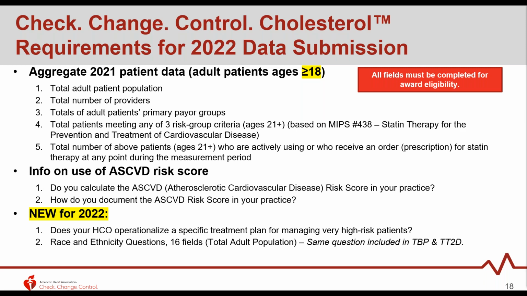So the first few bullet points there are the same as for Target BP, and then those additional ones focus specifically on cholesterol for the risk group criteria and prescriptions for statin therapy.